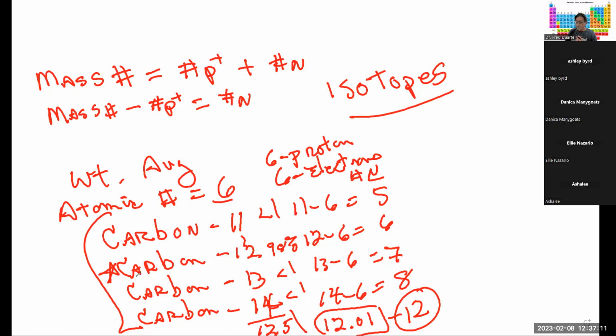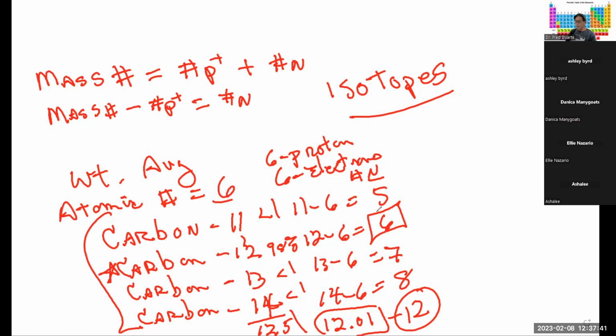Also, once I do that, it helps me determine the number of neutrons, because I can round the atomic weight of the most common isotope, which gives me 12, and subtract the atomic number. And I get 6 neutrons. So the most common isotope of carbon has 6 neutrons, 6 protons, 6 electrons.